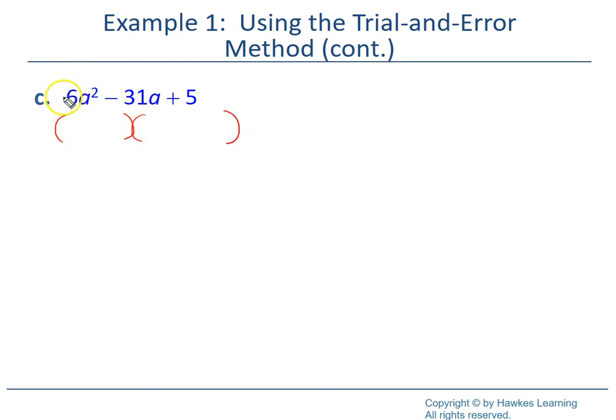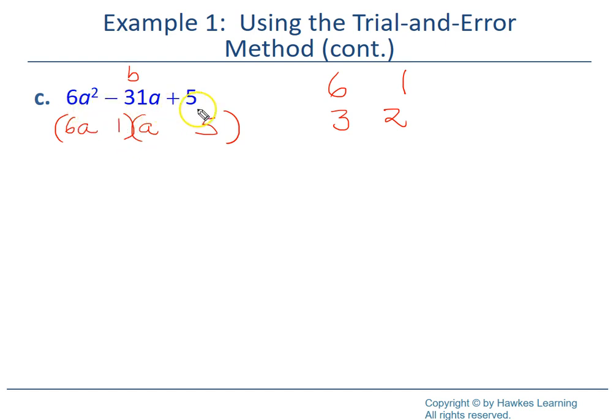Now here for my a term, it's going to be a 6 and a 1, or a 3 and a 2, and this is a 5. Well, because my middle term, my b term, that's what this is called, is so large, I'm going to use the 6a and the a. And I can see it now. And this is going to be a 5 and a 1.